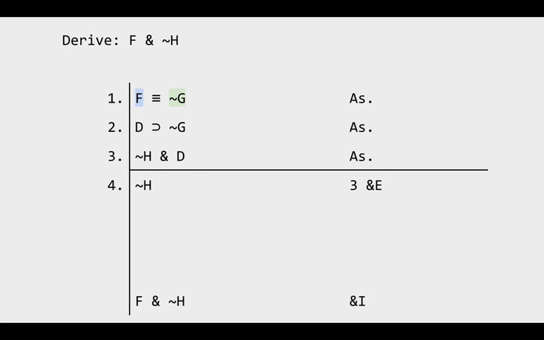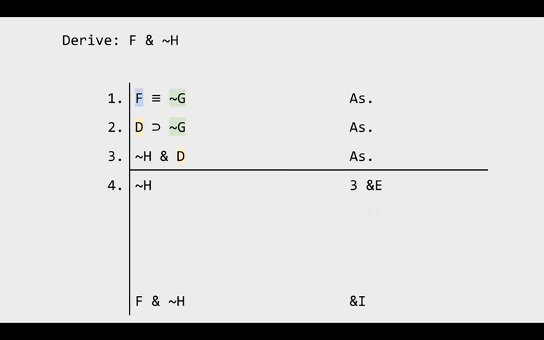The only other place where I see a not G is in the consequent of a conditional. That's line 2. But to get the consequent out of that conditional, I need the antecedent. I need that D. By the way, there's a D in line 3.